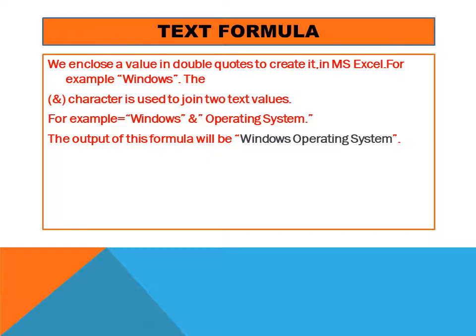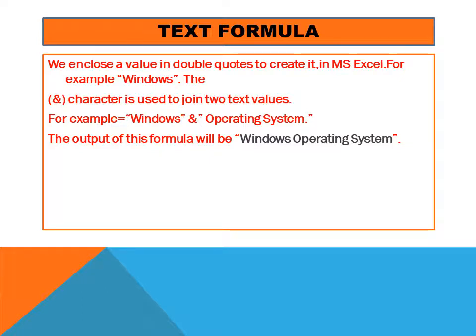For example, Windows: if we are making it a part of a formula, we have to enclose that in double quotes. The AND character is used to join two text values, right? So this is important.